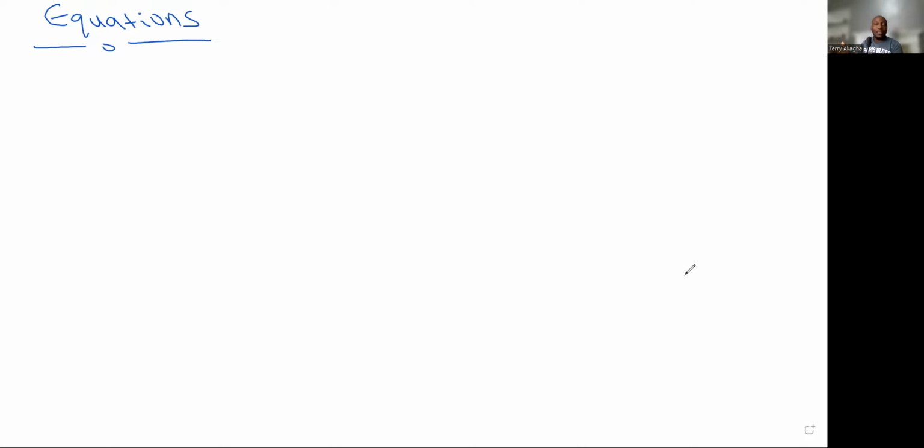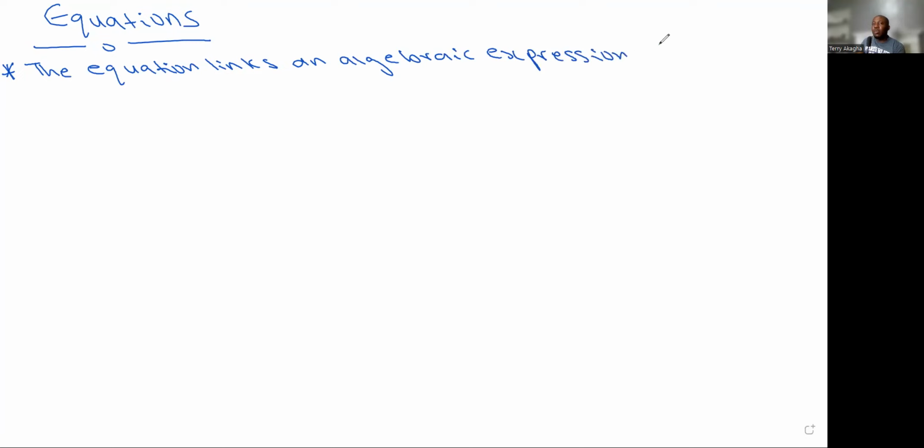So let me just write it down for some of you that are taking notes as well, so that you will know what I just said. So basically the equation links an algebraic expression and a number, all right?